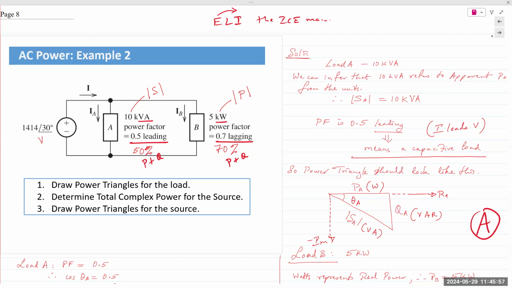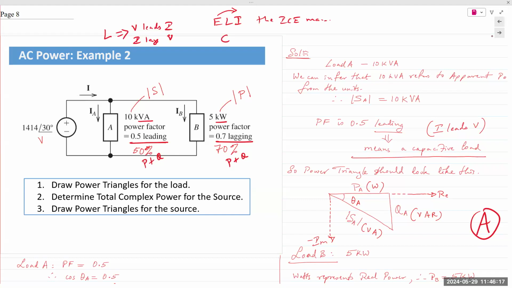So current is minus 90, is lagging. The other way of saying this same statement is voltage leads current, or I lags voltage for an inductor.